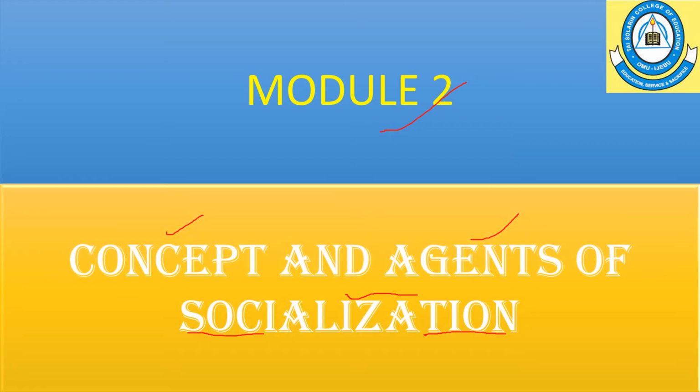This module 2 is going to be a very interesting course because it is being practiced day in, day out by everybody on this living earth. So let's move further to the next slide.